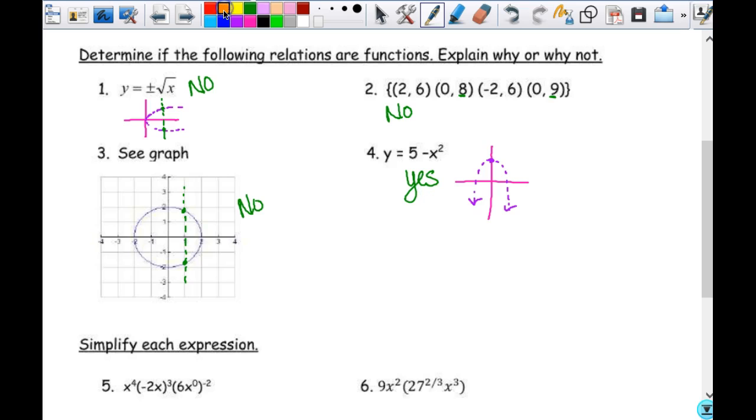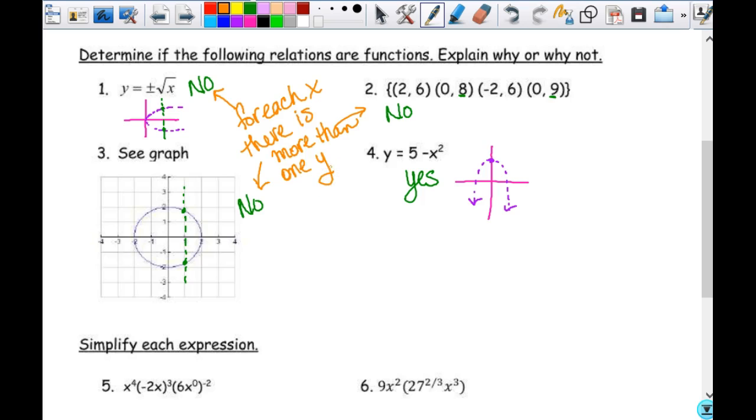So your reasons, these 3 have the same reason. That would be for each x, there is more than one y.